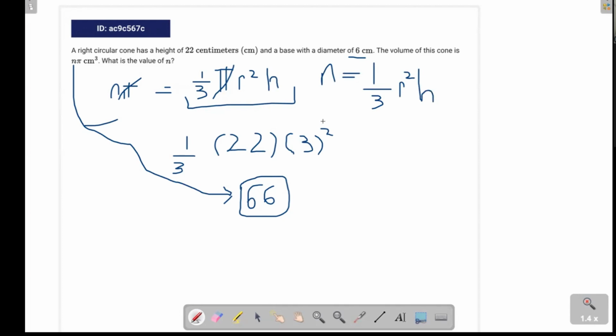And then from here, you just need to plug in values. You know that r is half the diameter, so it's going to be 3 squared, and then the height is 22. Does that make more sense? And then from there, it's just doing the math, using a calculator or doing it yourself. You understand?